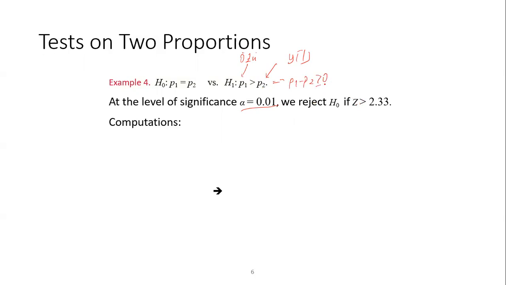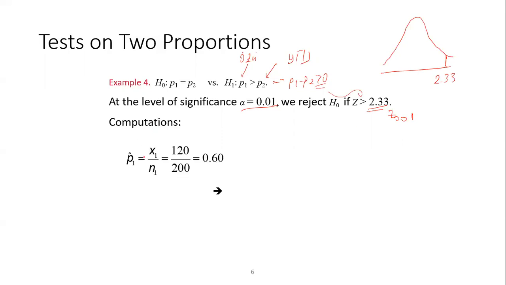Since this is a greater-than alternative, I'll use 2.33, which corresponds to 0.01. So P1 hat is equal to 120 divided by 200, which is 0.60, and P2 hat is 0.48.